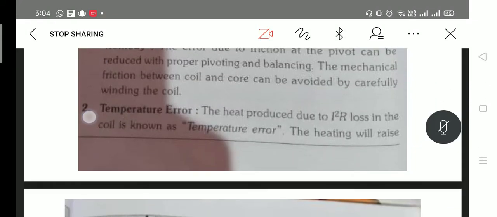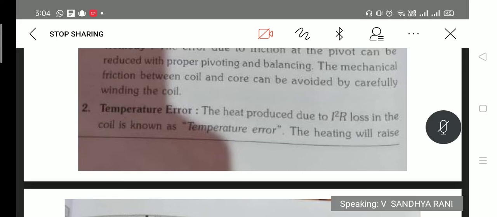Next one is temperature error. The temperature error is produced by the I square R losses. From the I square R losses, heat is produced in the MC instrument, PMMC instrument.